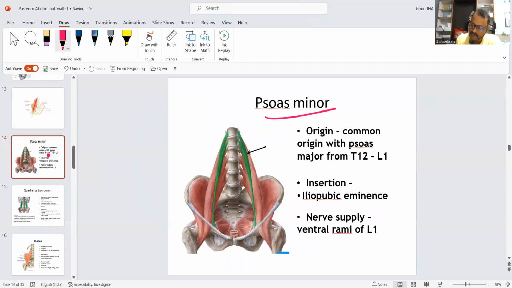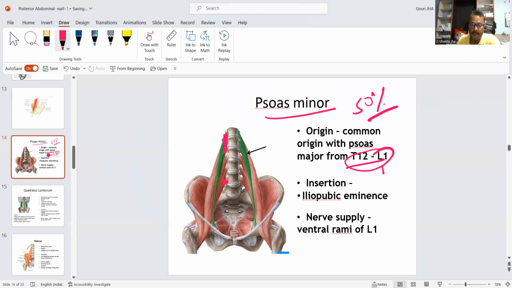Now coming to another muscle, that is psoas minor. It is seen in only 50% of cases. Normally, it is not present in each and every individual. It has a common origin with the psoas, but from T12 to L1 only. Here is the difference: this is a short origin, whereas the origin of the psoas major comes all the way down to here.